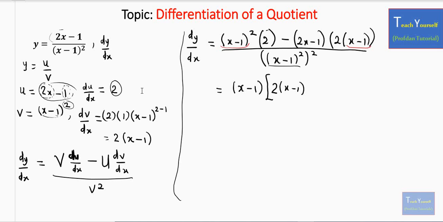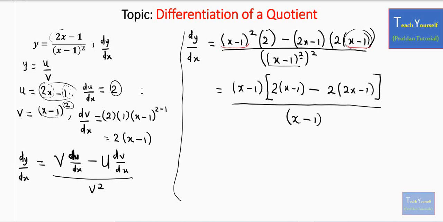Minus, taking x minus 1 out, we'll be left with 2 into (2x minus 1). So that is for the numerator, all divided by the denominator. Expanding this, x minus 1 power 2 multiplied by power 2 gives you 4.